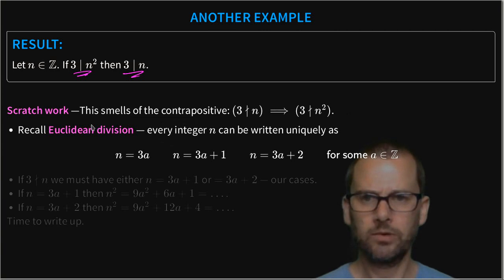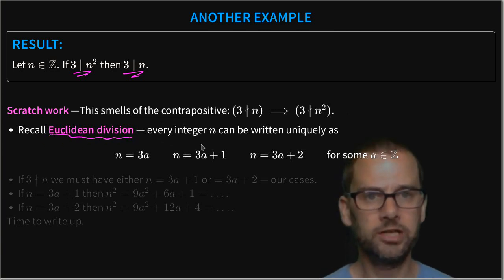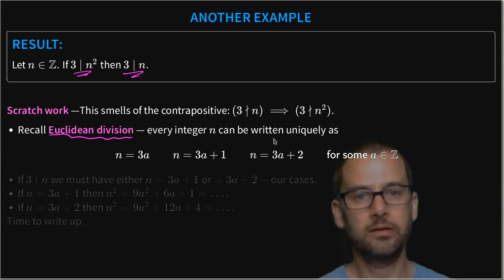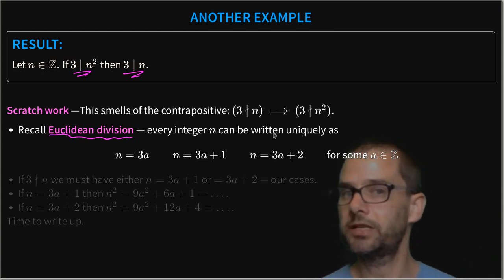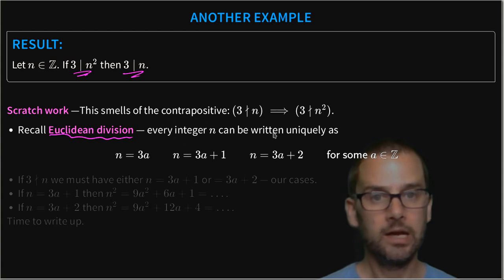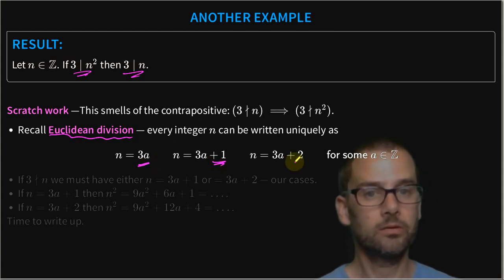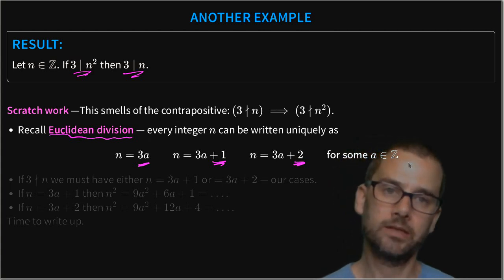Okay. Now recall Euclidean division, that fact that we had before, that every integer n can be written uniquely by considering what happens when we divide it by 3. In particular, an integer n is either 3a, or 3a plus 1, or 3a plus 2, where a is some integer.